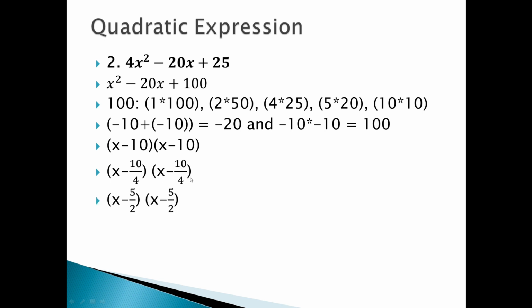Simplifying it, since 10 and 4 are both divisible by 2, we got x minus 5 over 2. And then, applying the shortcut that we learned from the last video, this will be 2x minus 5. So this denominator multiplied to x, we get 2x minus 5, and the other side is also 2x minus 5. Alright, so these are the factors of 4x squared minus 20x plus 25.